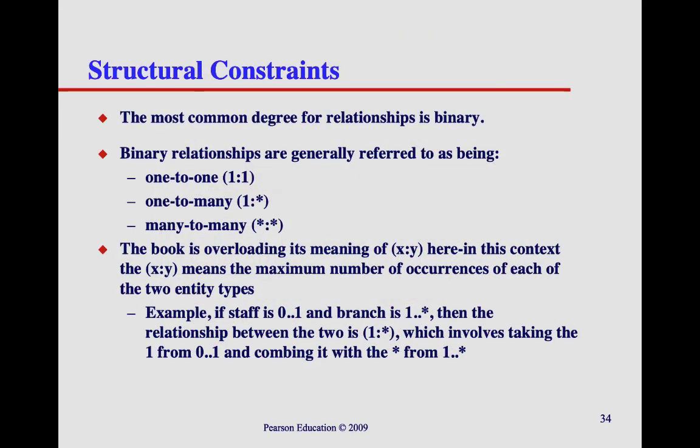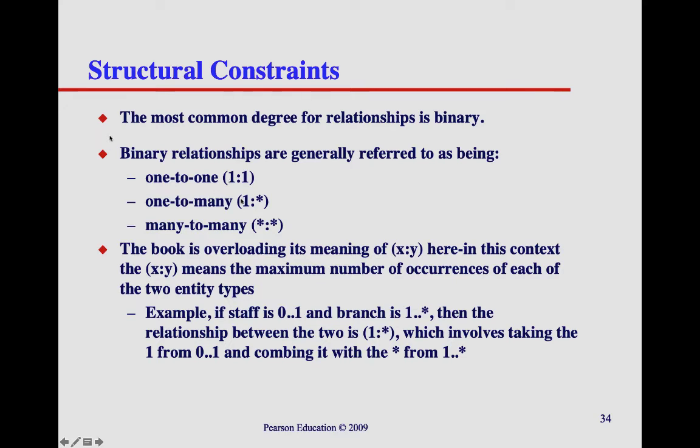We also have what is called the degree of a relationship. There are 3 types of degrees, and it's based on cardinality. It may be 1-to-1, meaning that for every instance, say, of staff, there is 1 instance of branch.